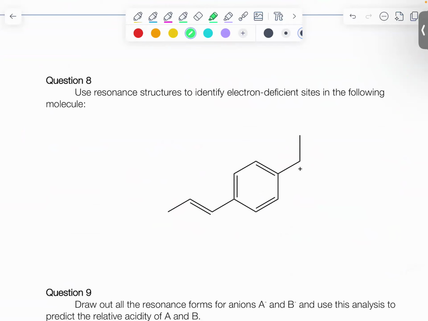Use resonance structures to identify electron deficient sites. We are basically going to do the same thing that we just did, but instead, we're going to fill the gap that is a cation. Cations are positive charges, and it's basically an empty orbital where there can be electrons. So we're going to continually move things to fill the new vacancies that we make.